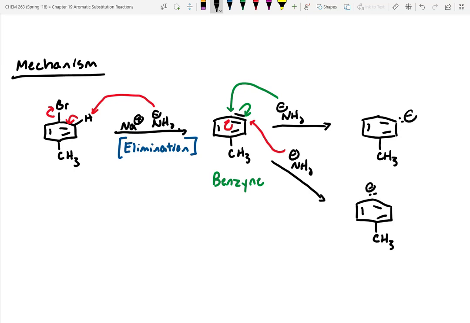So this is the addition step. Yep. So why is there no nitrogen still in the molecule? Oh, sorry, I forgot my groups. Thank you. I'm completely forgetting my NH2s. There we go. That looks better.